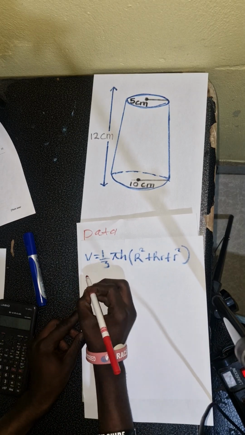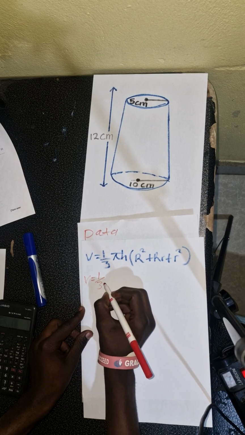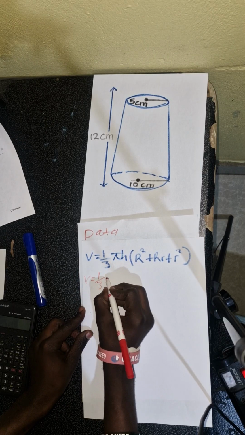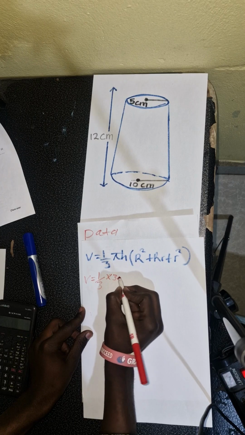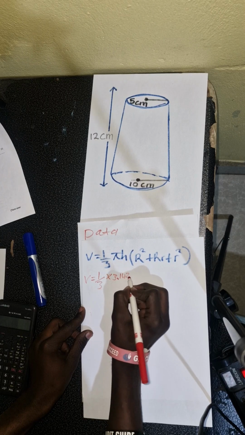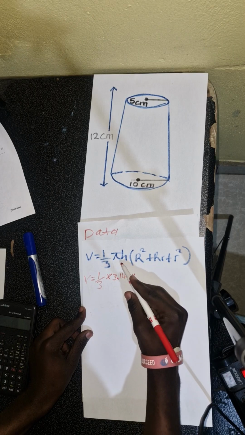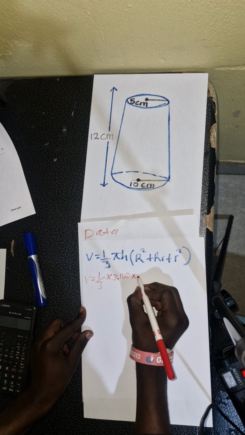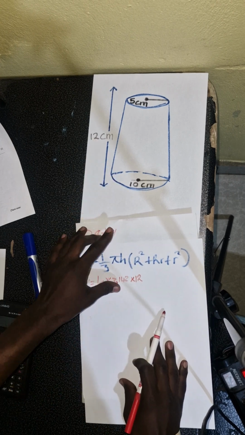We're going to say volume is equal to 1 over 3 times pi, our pi was 3.142, times our height. Our height was 12 centimeters.